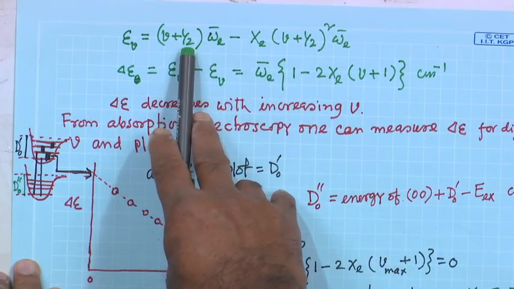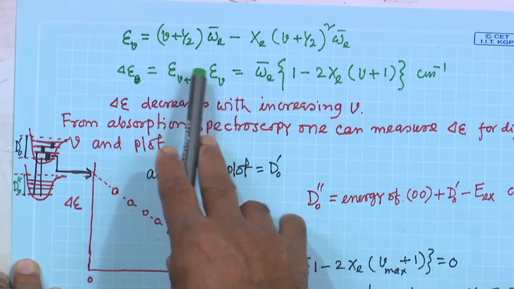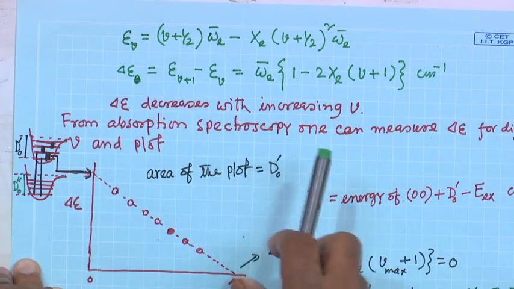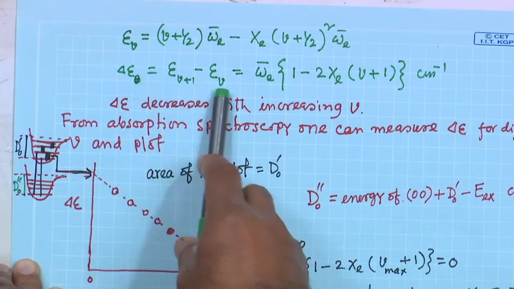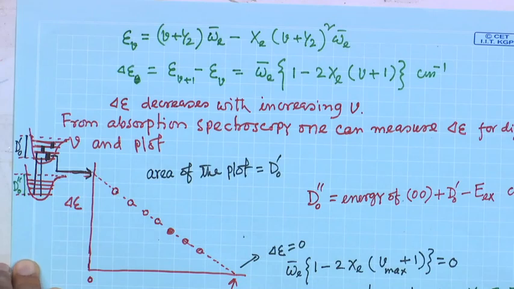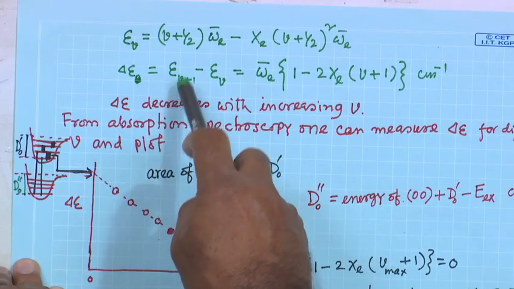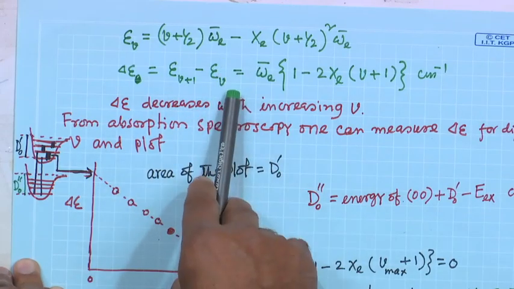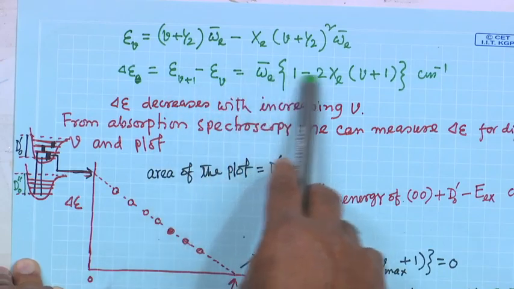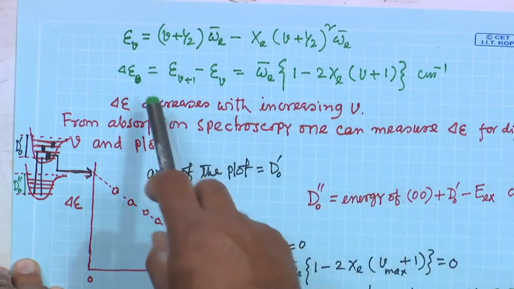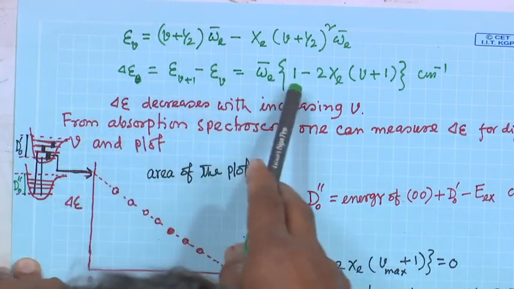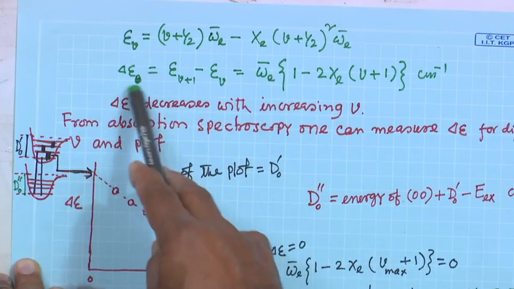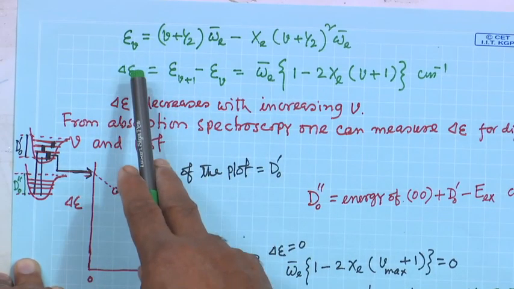Now, what is the separation between two spectral lines? If that is delta E, the spectral lines are a progression type, so delta E is E(V+1) minus E(V). The separation of the successive spectral lines, that wave number, is delta E, and that is this.